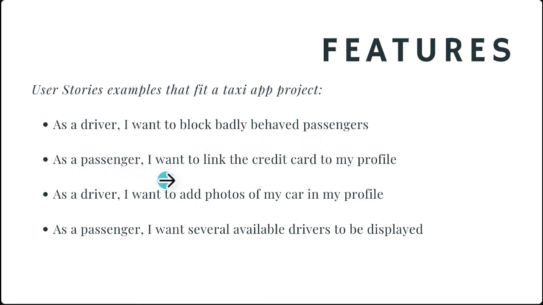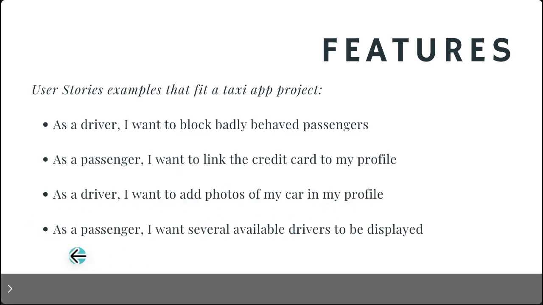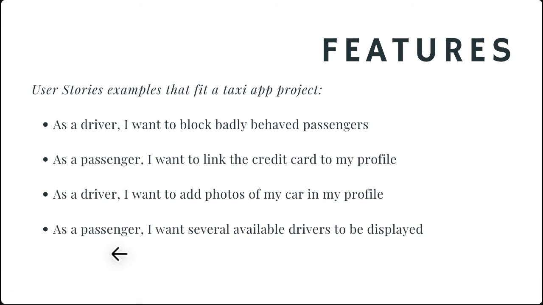As a passenger, I want to link the credit card to my profile. So these are all features. Blocking bad drivers, linking credit card to my profile. As a driver, I want to add photos to my car in my profile, or of my car. And then as a passenger, I want several available drivers to be displayed. So these are desires for types of features that a passenger and a driver would want from this app.